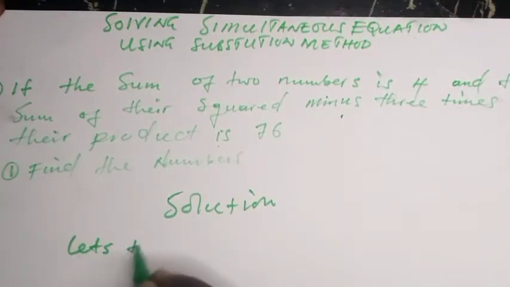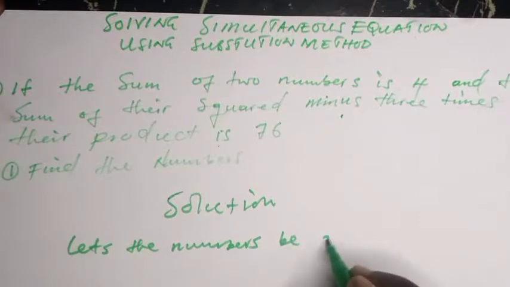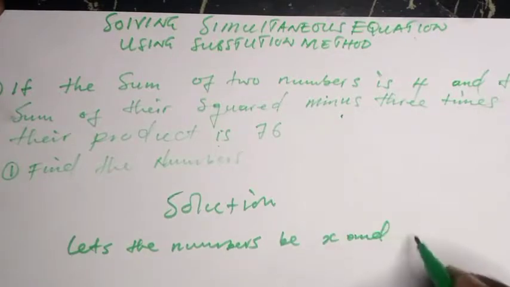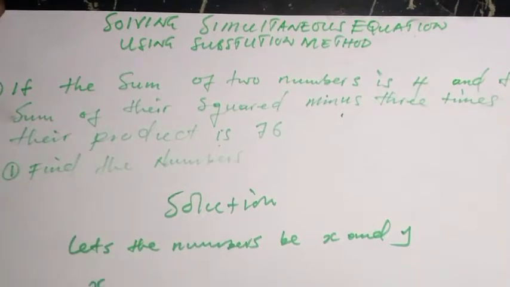let the numbers be x and y. Here they are saying sum is addition, so it is x plus y equals 4.